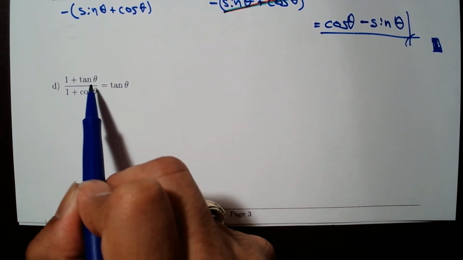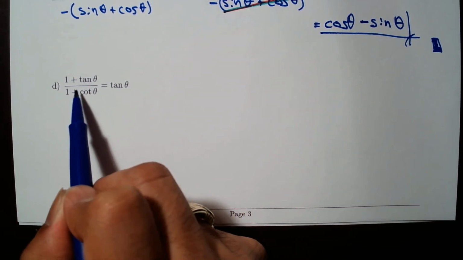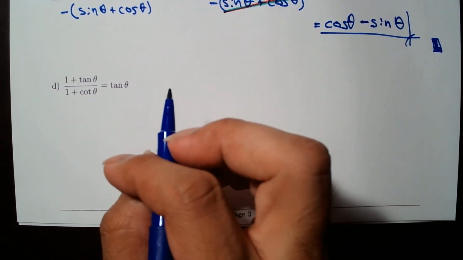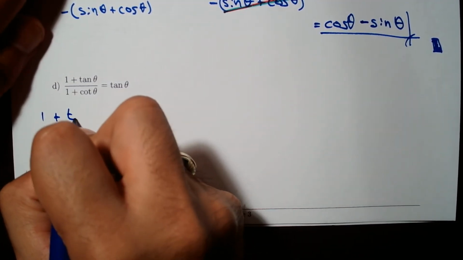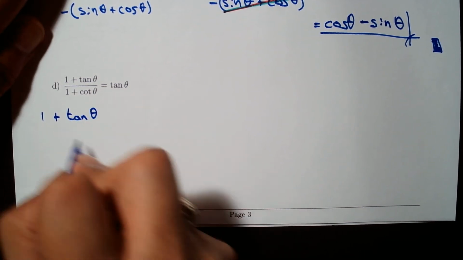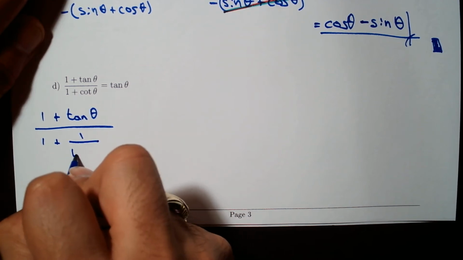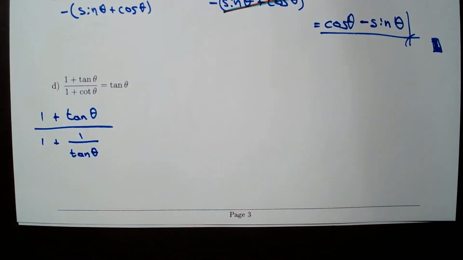So what I'm going to do here is change this cotangent to look in terms of tangent using its reciprocal identity. So 1 plus tangent theta divided by 1 plus 1 over tangent theta. That's what we are going to do in this case.